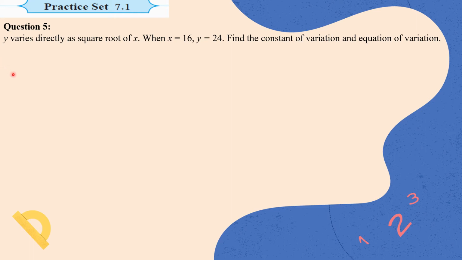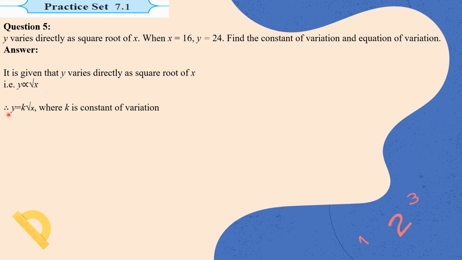Let us start with the solution. It is given that y varies directly as square root of x. Now, in the symbol of variation, this will be y in direct variation with root of x.